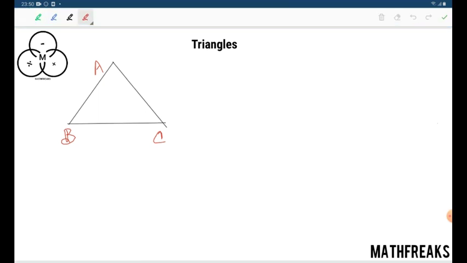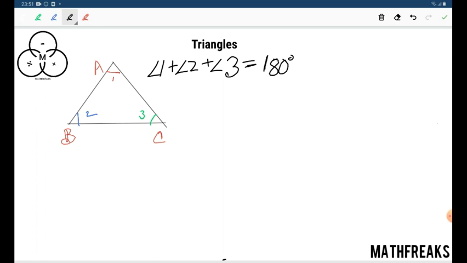The sum of the interior angles, angle 1 plus angle 2 plus angle 3, is 180 degrees, and this is called the angle sum property of a triangle, ASP.